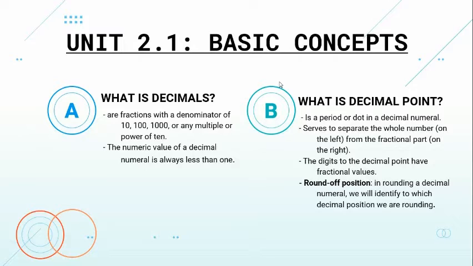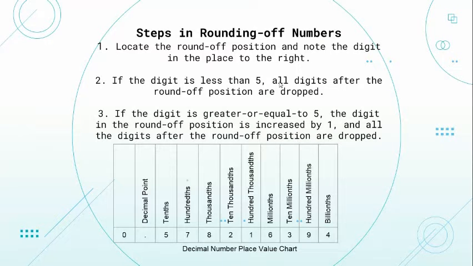And then round up position. In rounding a decimal numeral, we will identify to which decimal position we are rounding. So these are the steps in rounding up numbers. On our next examples, we're going to understand this deeper. The first step is to locate the round up position and note the digit in the place to the right.